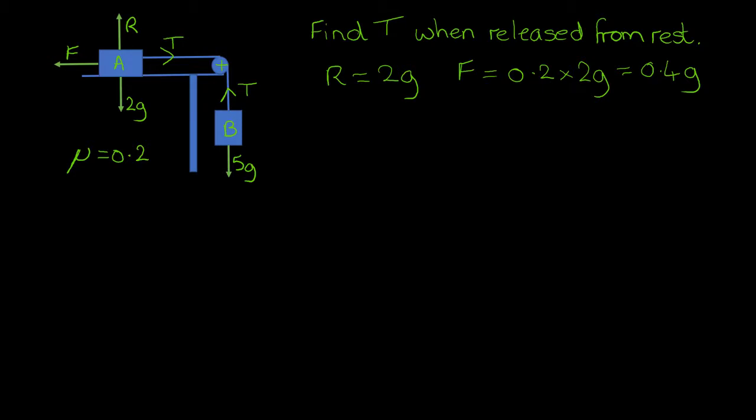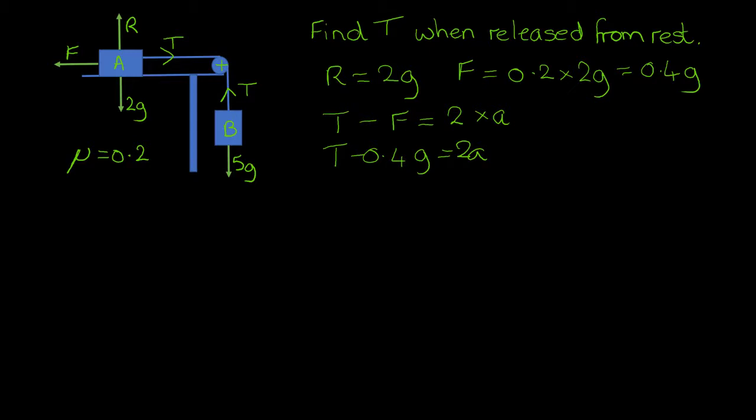So now we're going to resolve horizontally, taking into account that it's going to be moving. So we're going to have T minus F equals the mass of A, which is 2, times the acceleration. That's T minus 0.4g equals 2a.